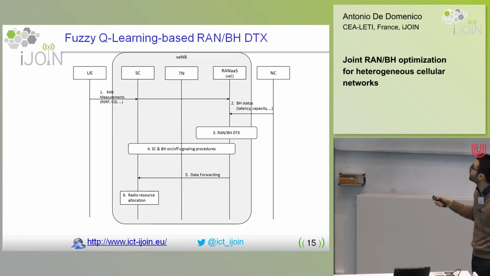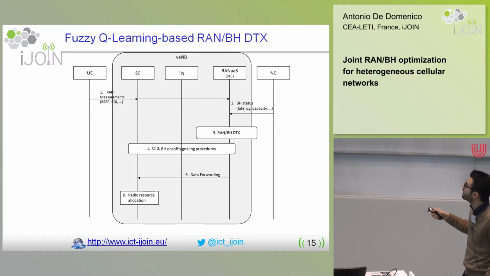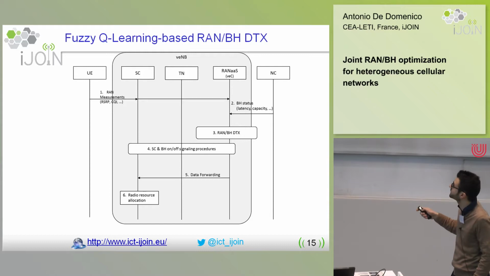So here you have some message sequence charts that show how this algorithm can be implemented in our architecture. Here you have the virtual eNodeB composed by the small cell, some transport node, and the RAN as a service.